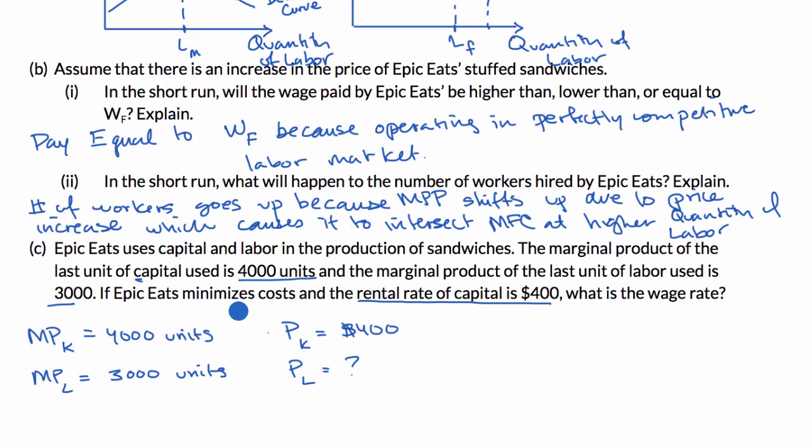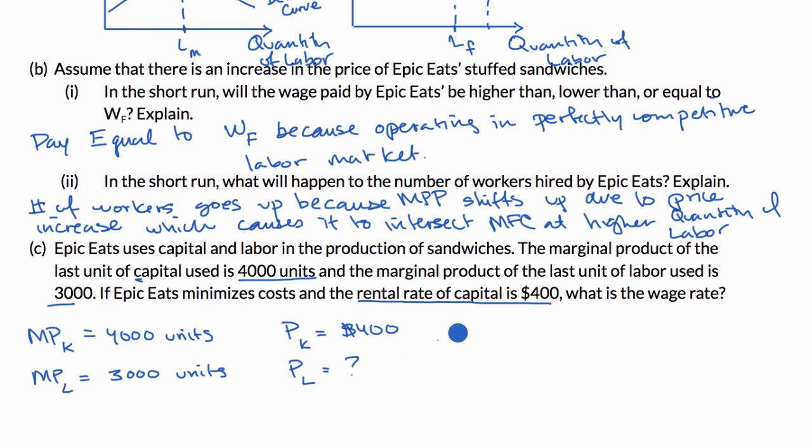And they tell us that it's minimizing costs. One way to think about it is the number of units per dollar that the firm gets on the margin. If they're able to get more units per dollar by putting that extra dollar into labor versus capital or capital versus labor, they're going to do it. So what we would assume is that the number of units per dollar that they're getting at this point are going to be the same whether they invest in labor or capital.